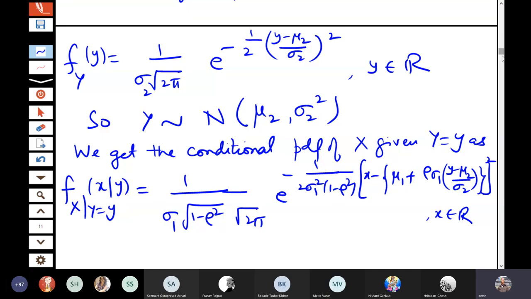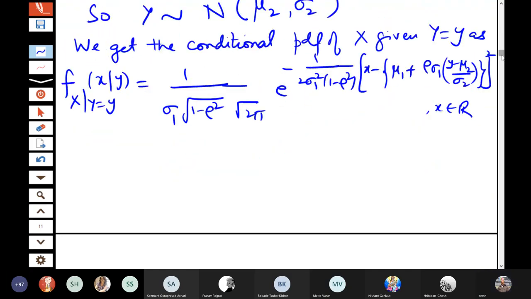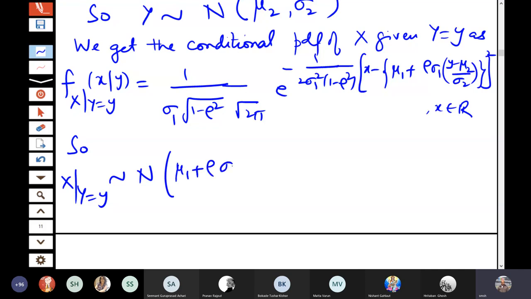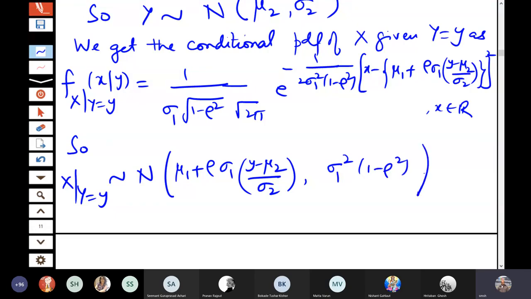That is the conditional distribution of x given y is also univariate normal with mean mu 1 plus rho sigma 1 (y minus mu 2) by sigma 2 and variance sigma 1 square into (1 minus rho square).